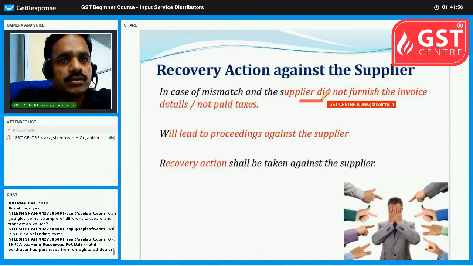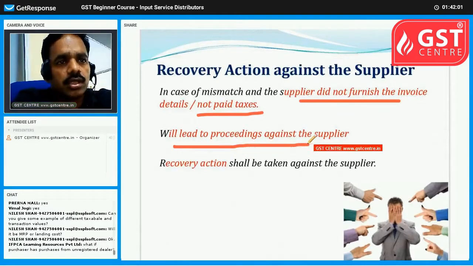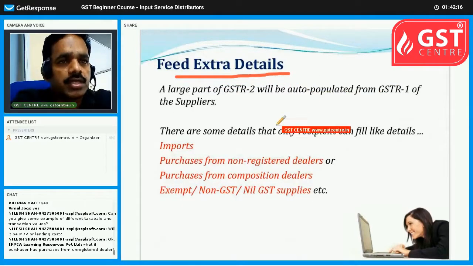Then, what is the recovery action against the supplier? If the supplier did not furnish the invoice or did not pay taxes, it will lead to proceedings against the supplier and recovery action will be taken. Then, I have already told some missing invoices should be uploaded by the purchaser.